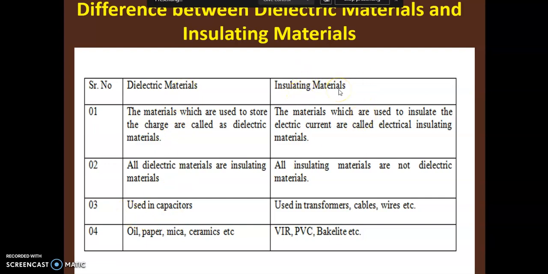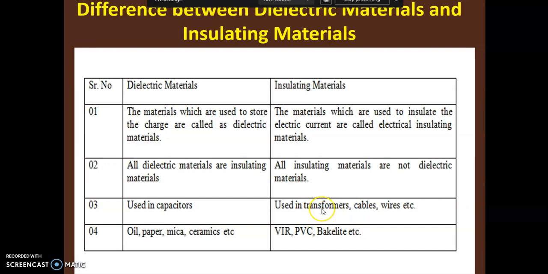Whereas insulating materials are not allowed to pass electric current flow. So where will they be used? Wherever you don't desire that current should flow. So they will be used in transformers, cables, wires to insulate the conducting parts. Because transformers also carry current, the conducting wires of the transformer will carry current.